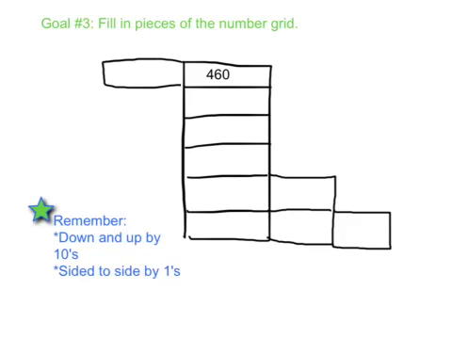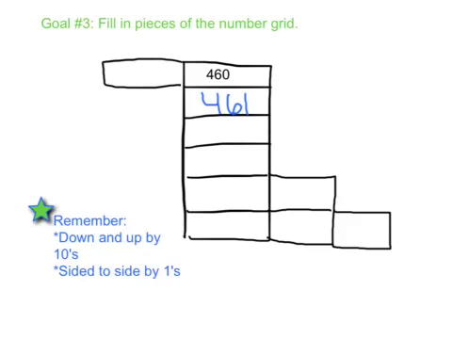Goal number 3 is fill in pieces of the number grid. There's one important thing to remember here. Some kids are getting confused and they're putting things like 461 underneath, and that's not correct because going up and down you jump by tens, not by ones.